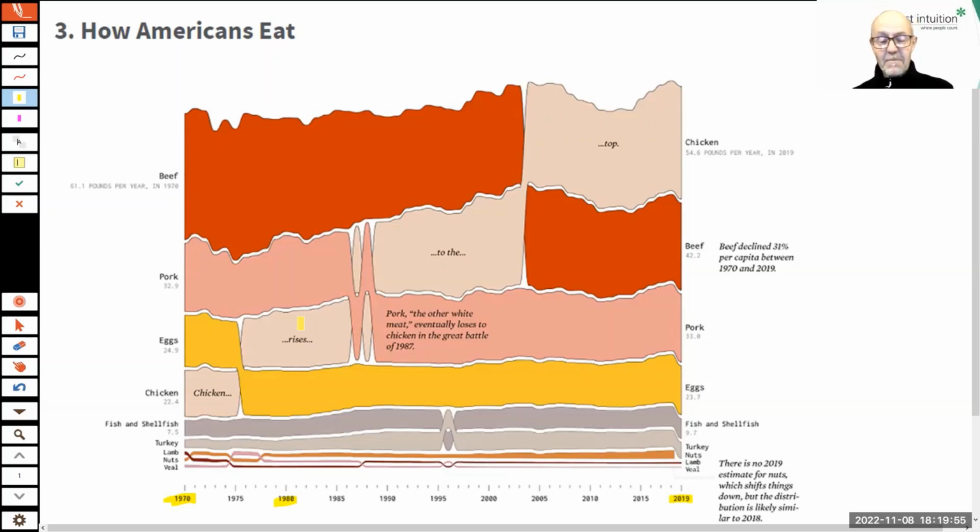And rather humorously, it says the Great Battle of 1987. By the early 90s, chicken had become more popular than pork. They've even coloured this in keeping with the types of meat, haven't they? And as we look at today, interestingly, chicken is now the most popular meat eaten in the United States. But isn't that a fantastic demonstration?